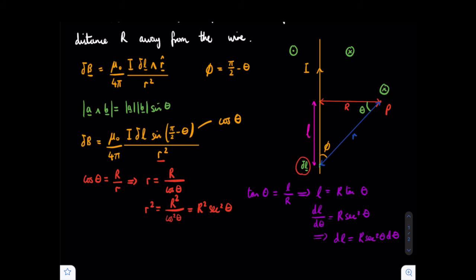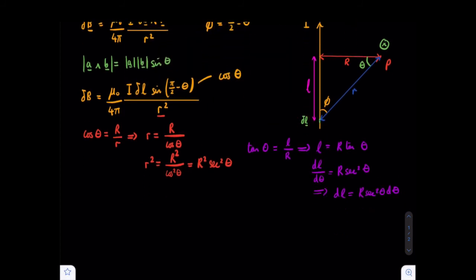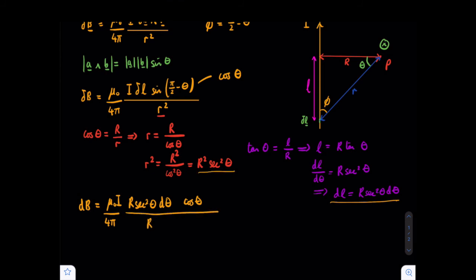And so delta L becomes infinitesimally small, so we can use the following notation. dB equals mu naught over 4 pi times I, that's the constant. dl can be written as this, R sec squared theta d theta, and then we have a cos theta, divided by r squared, which is written as this, R squared sec squared theta.